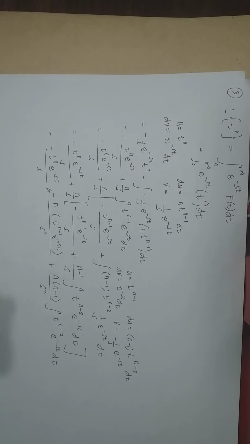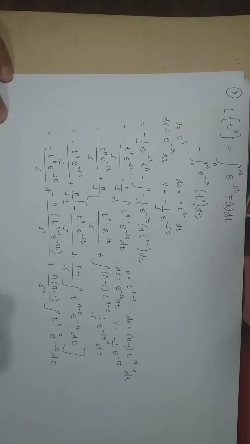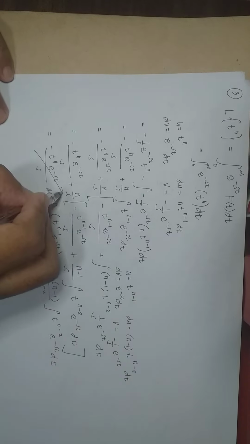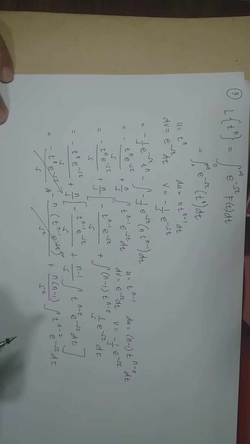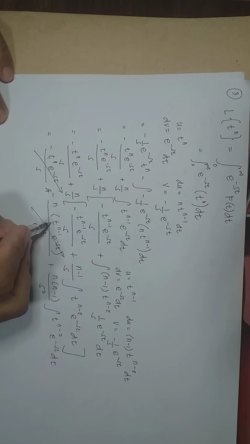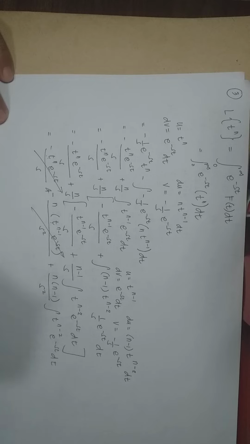Now, if we're going to apply infinity here, we will process this first for a while. This whole thing becomes 0 and this whole thing becomes 0 for both the value of infinity and 0. Because the t here is 0 also.